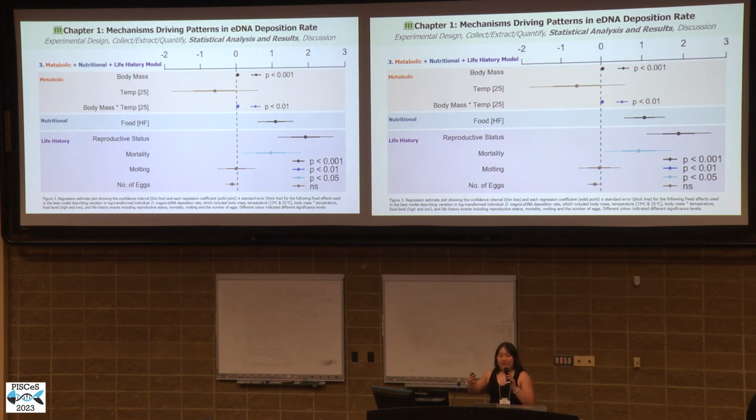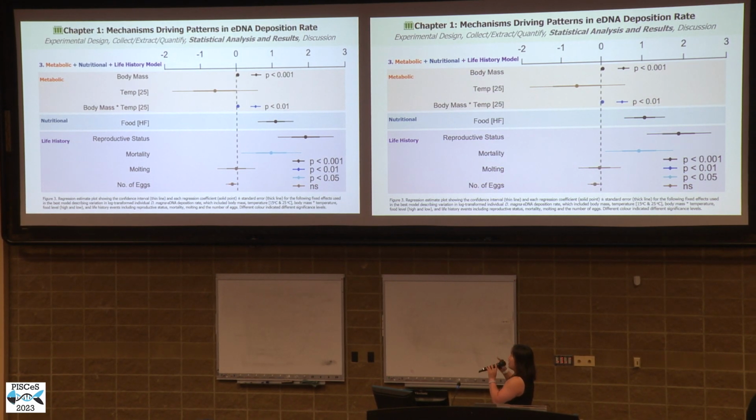And when we compare everything together, because we really wanted to know how all of those different energetic processes play out, we have our full model shown in this regression coefficient plot. The yellow is for metabolic parameters, the blue is nutritional, and the purple is life history. We see the same patterns for our metabolic and nutritional.